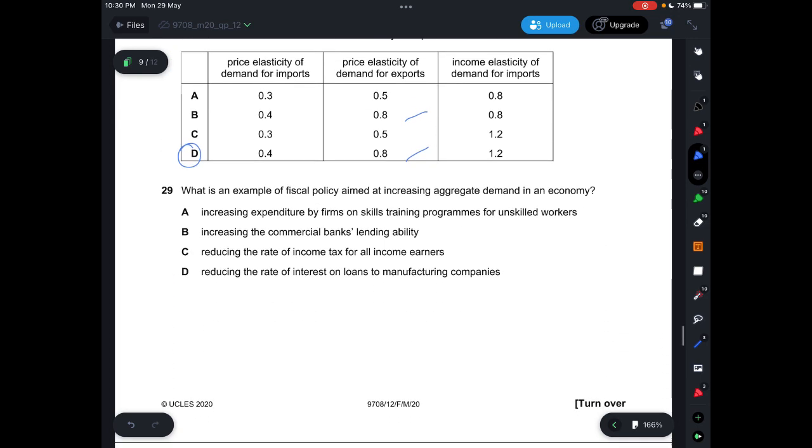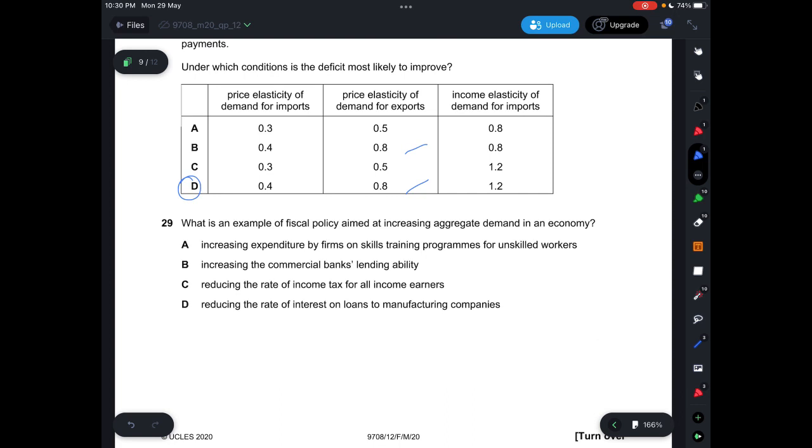Question 29. What is an example of fiscal policy aimed at increasing aggregate demand in the economy? Fiscal policy is basically when your expenditure increases or decreases, and your taxes increase or decrease. In this case, it says increasing aggregate demand, so it has to be an increase in expenditure and a decrease in taxes. A says increasing expenditure by firms on skill training programs.